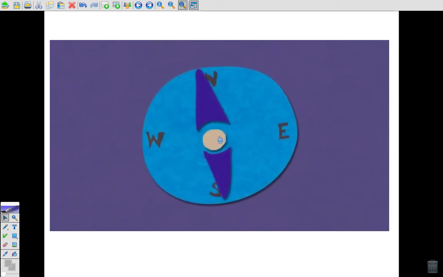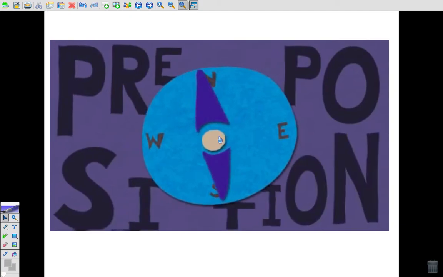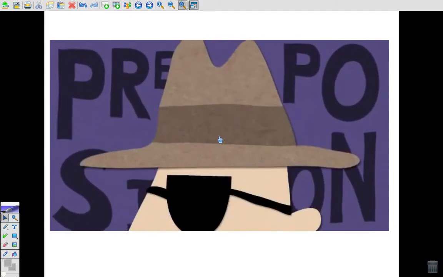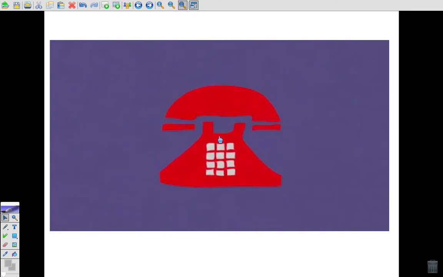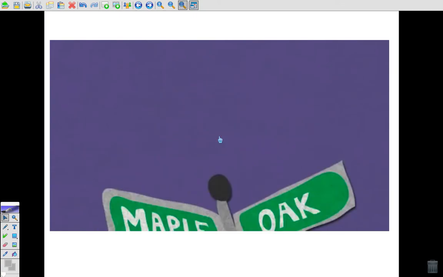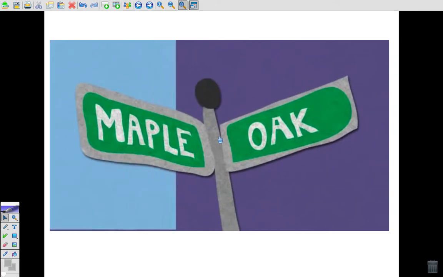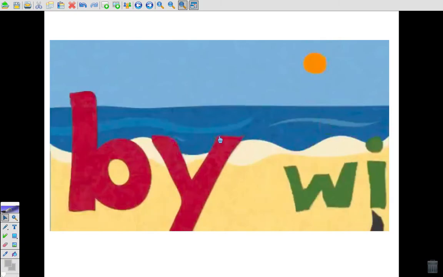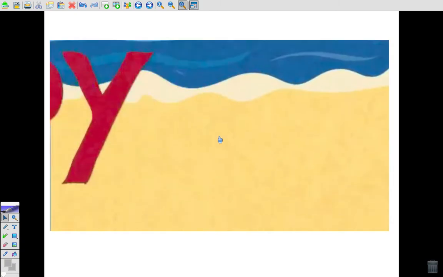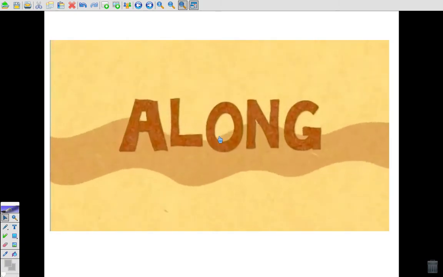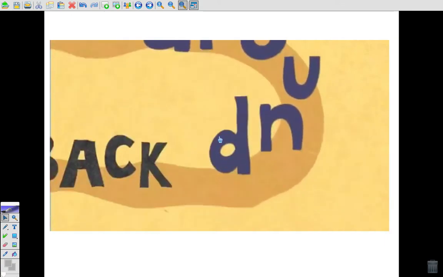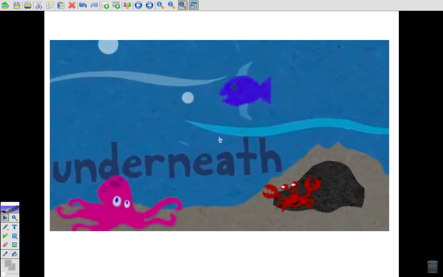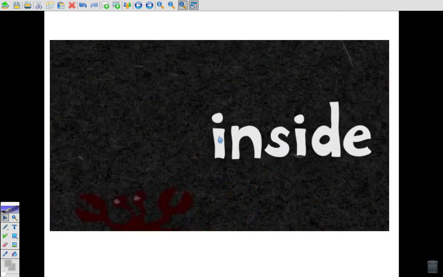Take a walk with me, and we'll go by the sea, and then along the path that goes around and back, and underneath the waves, or inside a cave.